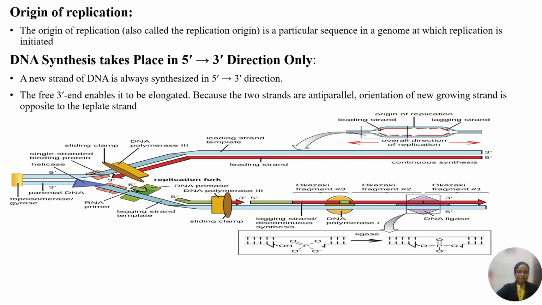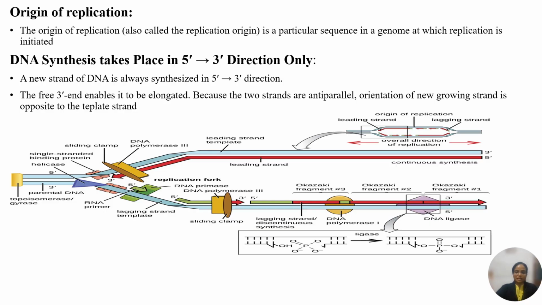Another important key feature of DNA replication is the presence of Okazaki fragments. Like we discussed earlier, for the template strand running in the 3' to 5' direction, the new DNA strand is synthesized continuously. But for the other template strand, which is in the 5' to 3' direction, the new DNA strand is synthesized discontinuously, and it is called the lagging strand.